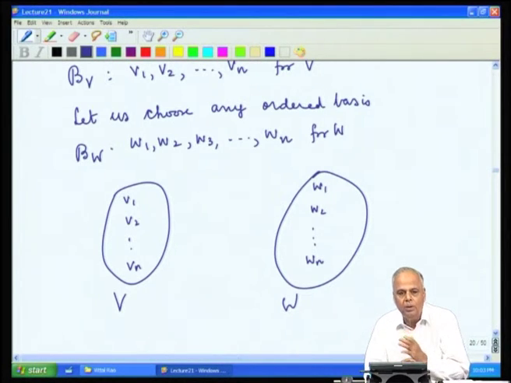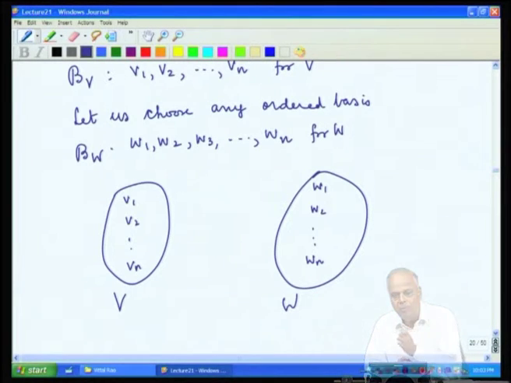Now, we are going to slowly generate a transformation from V to W. The way to generate this transformation is that a linear transformation is completely determined by its action on the basis vectors.